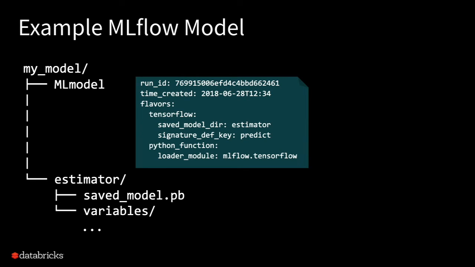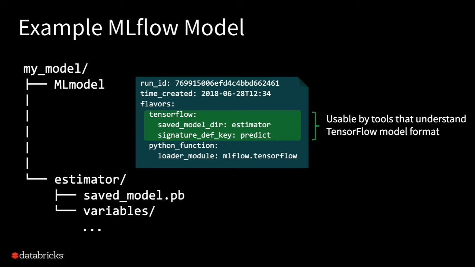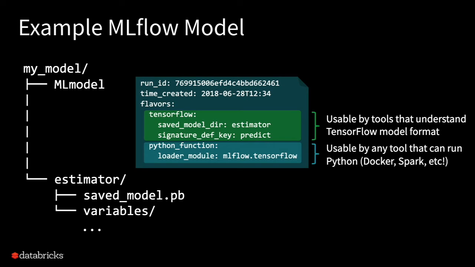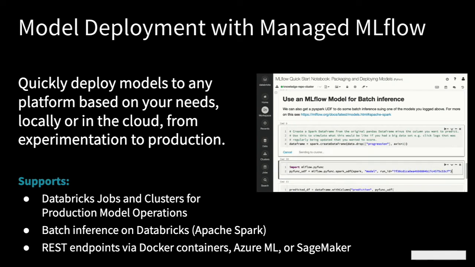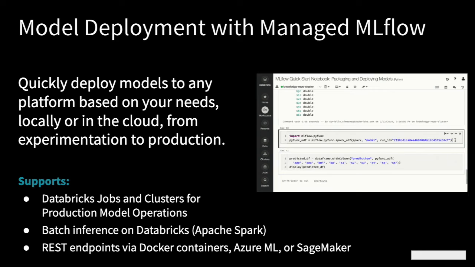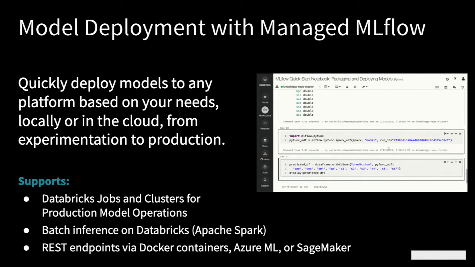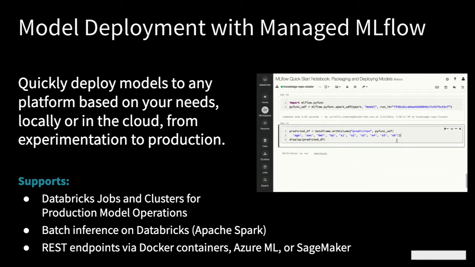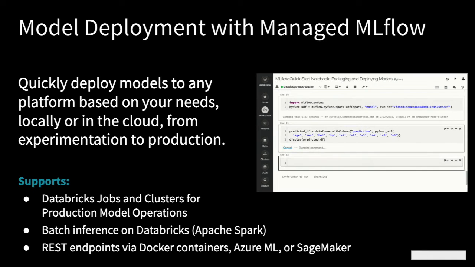It will show the hash unique to your run ID, as well as some other stuff about what the signatures are necessary to call it when you use something like MLflow serve. So again, there's various ways to do this. Hooking into REST, you can look at our documentation for that, depending on if you're using SageMaker, Docker, or Azure ML.